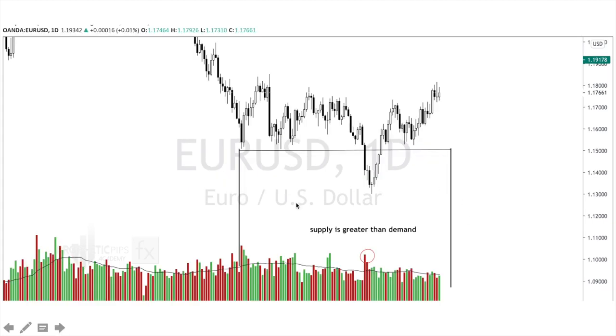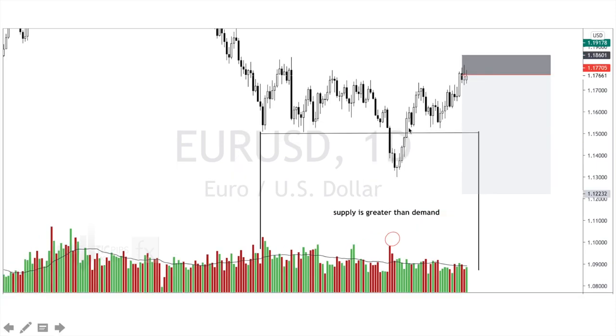Now, in contrast, when you understand volume and you begin to add that to your price action of smart money trading, that volume, if we were looking at this particular range, would tell us that in this range, supply is actually greater than demand. And instead of looking to buy this market, the smart money trader that truly understands volume and price would actually be looking to put in a sell position in this market.